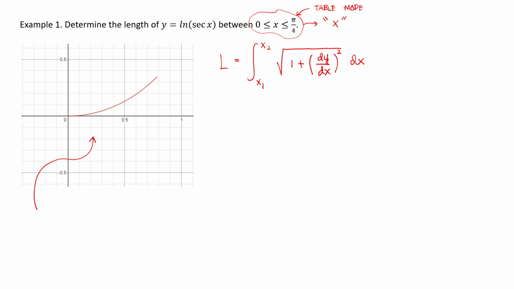Let's say 0, and then the next step is, let's say, pi over 6, or you may make your steps even smaller for the curve to be accurate. If you're just going to plug in 0 in the equation, and then pi over 4 in the equation, what you will have is just 2 points, right?